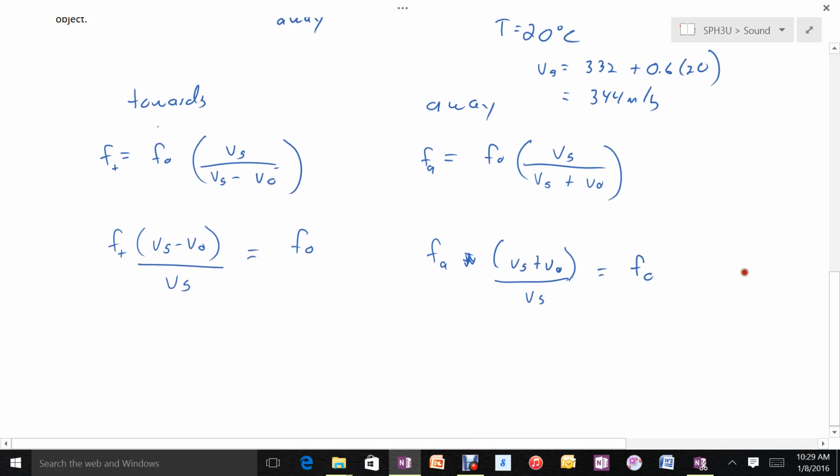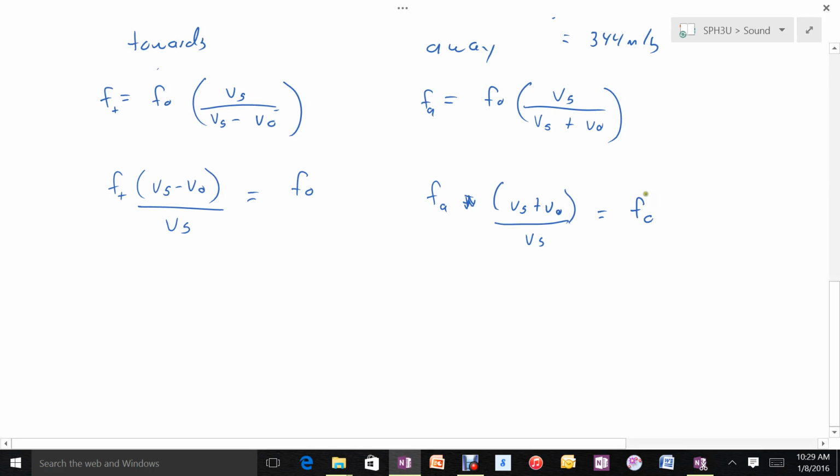Now that I have both equations in terms of the original frequency, since it's the same source, I can set these two equations equal to each other. So F towards times Vs minus Vo over Vs is equal to F away times Vs plus Vo divided by Vs there. And those are the two equations for Fo equaling Fo.